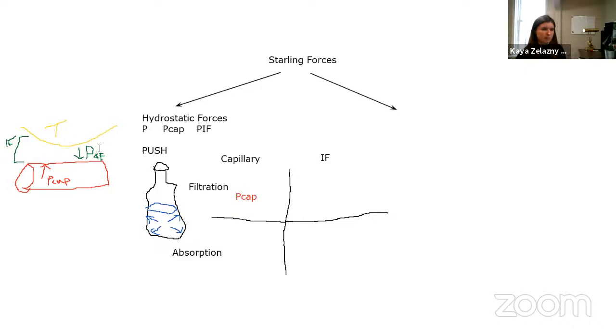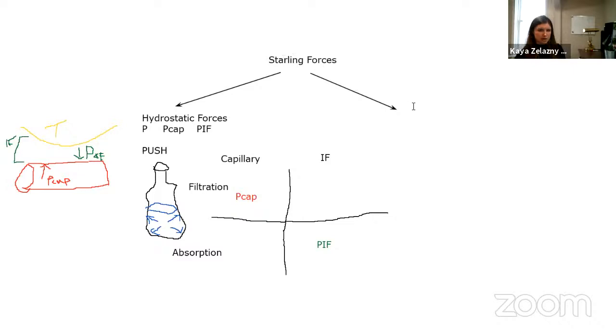When we look at our pressure from the interstitial fluid, you might remember that this is a very small force, but it does exist. So this pressure from the interstitial fluid, you can see our arrow goes the other way. All right, so I'll put it here. Our pressure for the interstitial fluid, that hydrostatic pressure, is pressing in, so that's absorption, a force for movement from the fluid in that interstitial space into the blood. Okay.